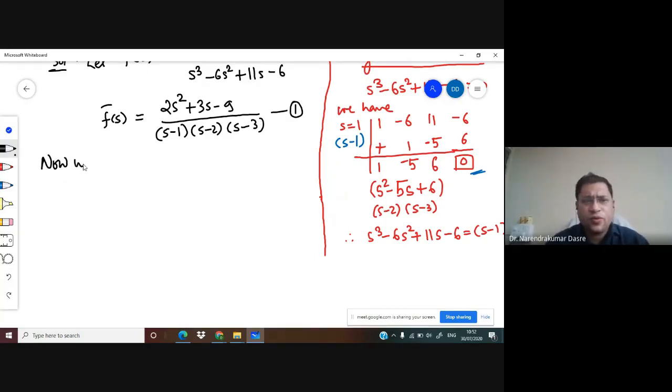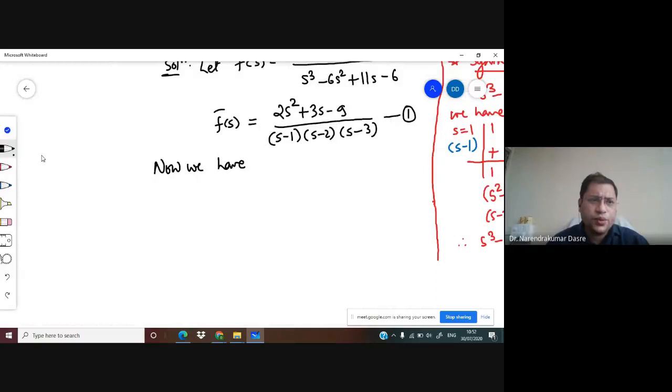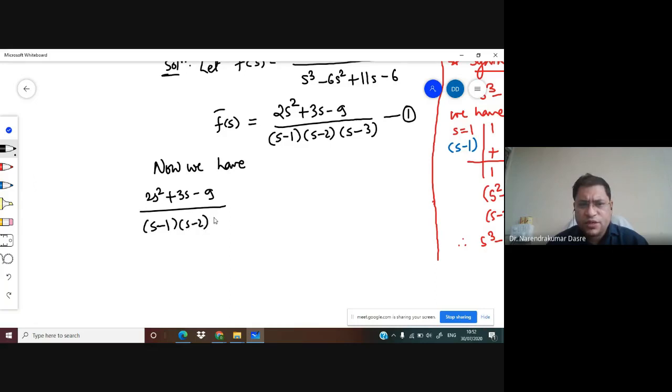Now, we have 2s square plus 3s minus 9 upon s minus 1, s minus 2, s minus 3.